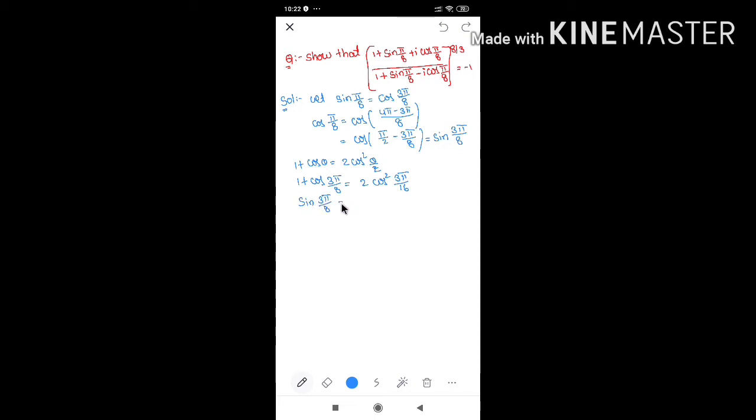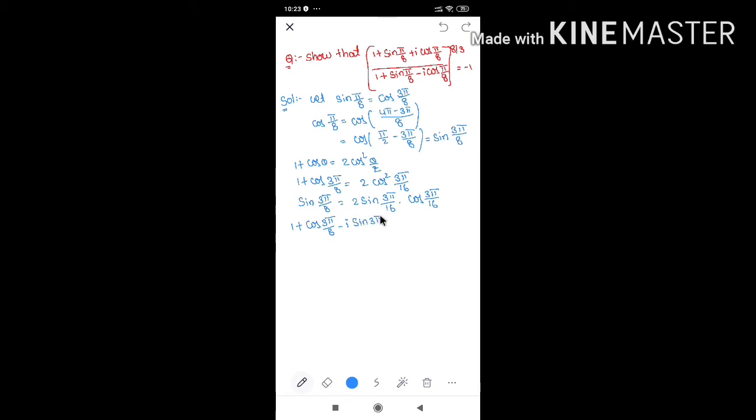That is the sin submultiple formula, 2 sin theta by 2, that is 3 pi by 16, into cos theta by 2, that is also 3 pi by 16. Now replace everything in our given condition. So 1 plus sin pi by 8 is replaced with cos 3 pi by 8, minus i times cos pi by 8 replaced with sin 3 pi by 8.